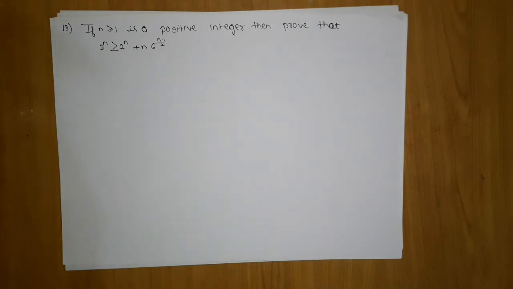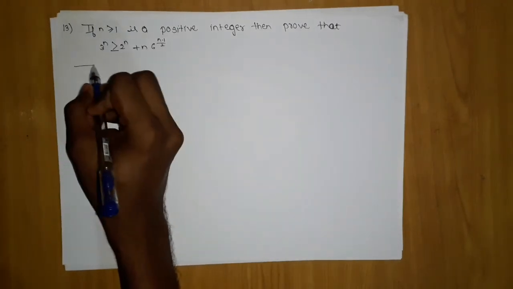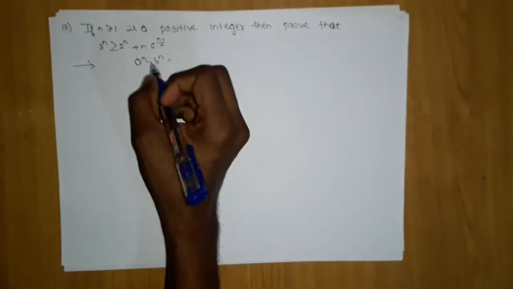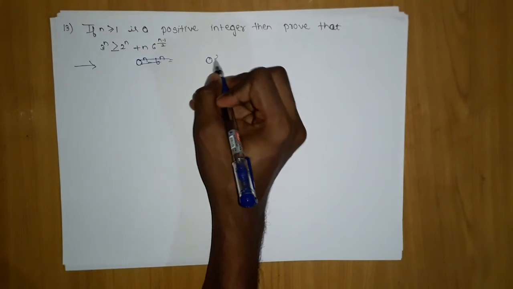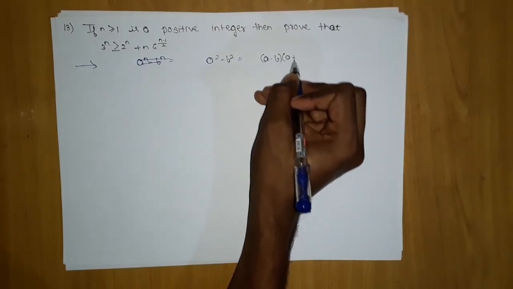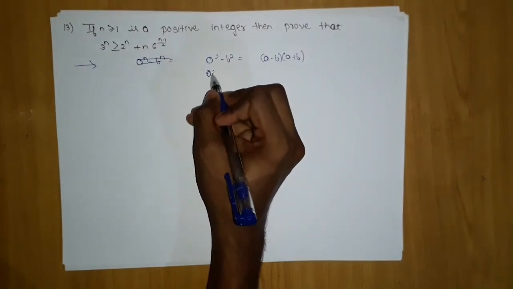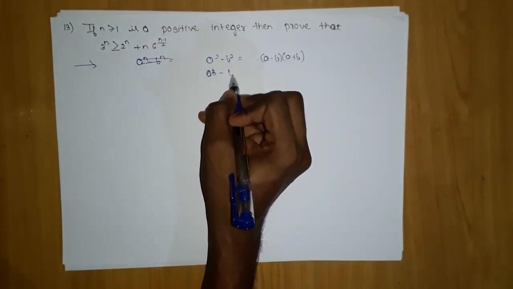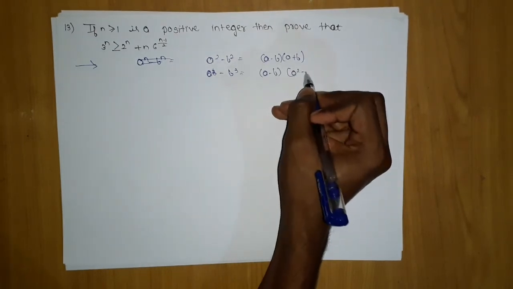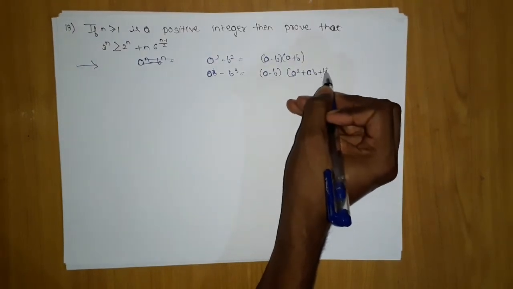So what we are going to do: you know this basic formula? A power n minus b power n is what? Before doing that, tell me this. You will take a minus b, a plus b. In the next step, you will tell a minus b, a square plus ab plus b square.